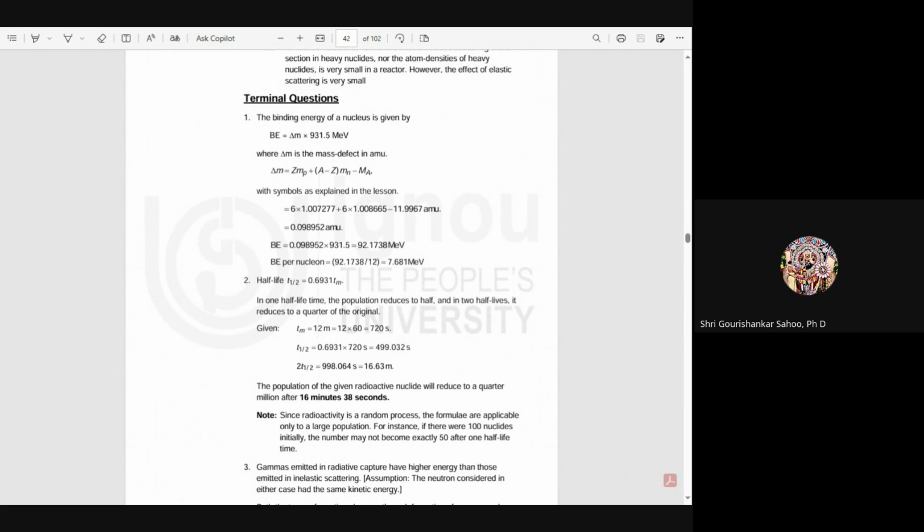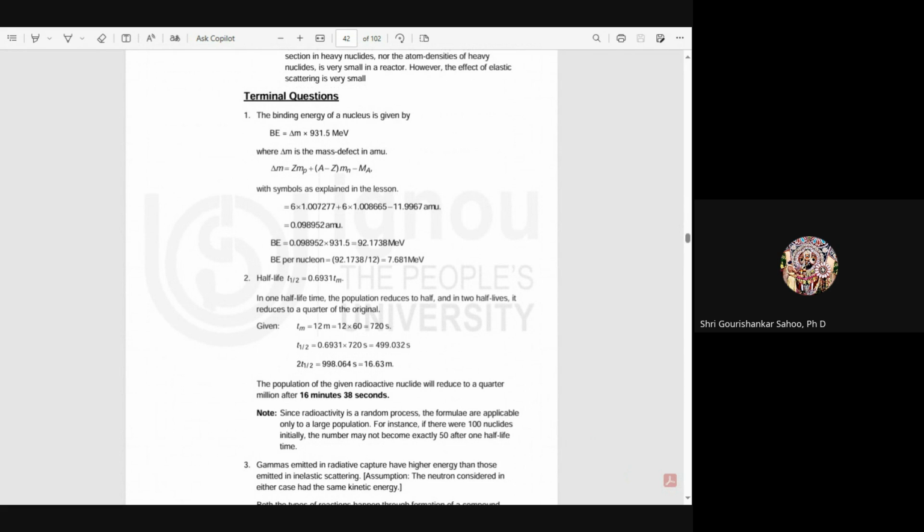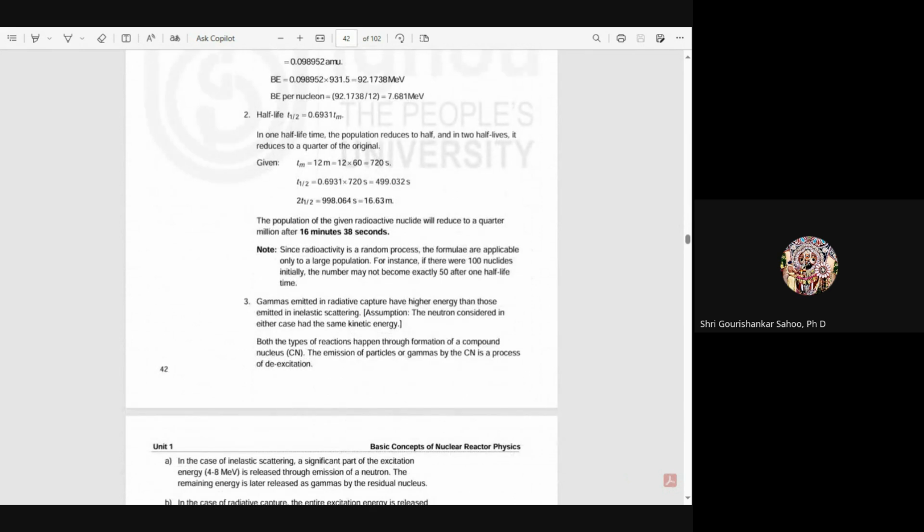Your half life will be T half equal to 0.6931 Tm, and your Tm will be 12 multiplied by 60, equal to 720 seconds, and your T half is equal to 0.6931 multiplied by 720, equal to 499.032 seconds. So the population of the given radioactive nuclide reduces to 250,000 after 16 minutes 38 seconds, which is nothing but 2 T half, or twice the half life.